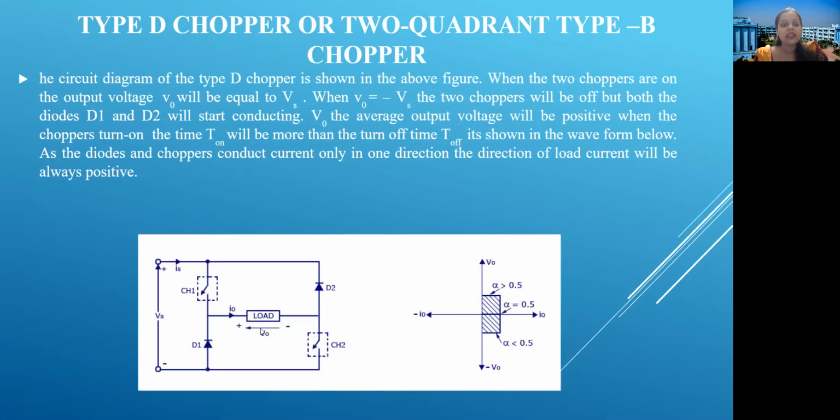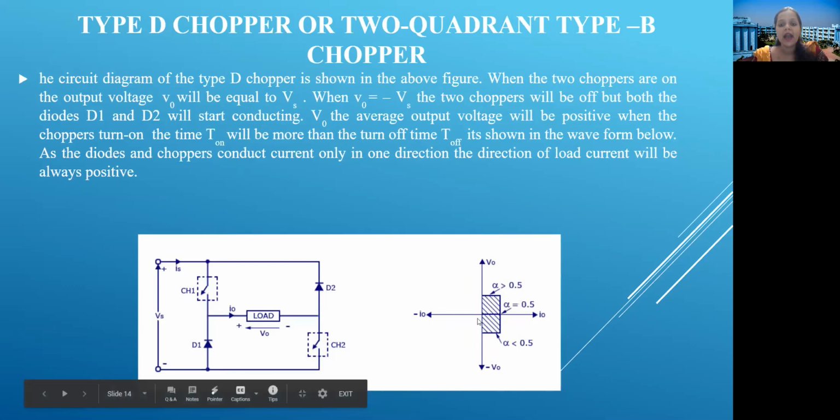When the two choppers are on, the voltage V0 will be equal to Vs, and when the two choppers are off, V0 will be minus Vs, but both the diodes will start conducting. V0 is the average output voltage. It will be positive when the choppers turn on, and the time T on will be more than the turn off time.